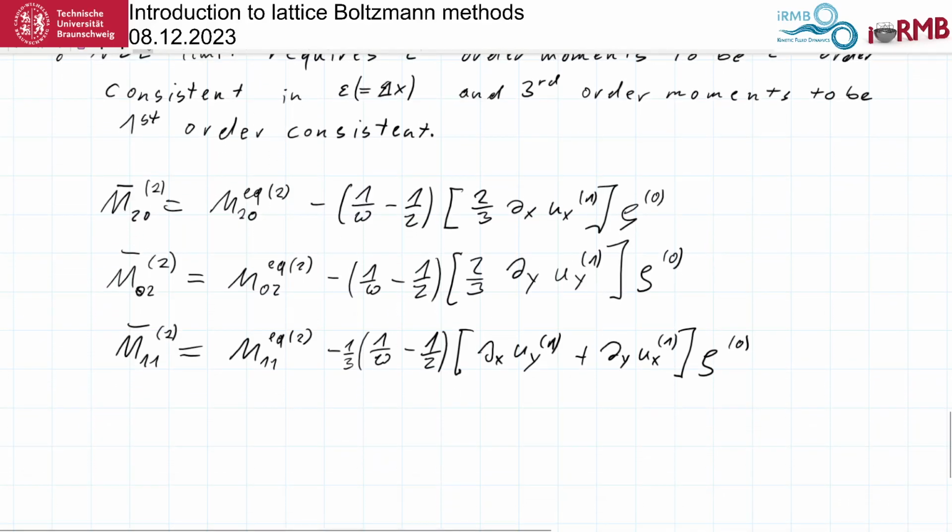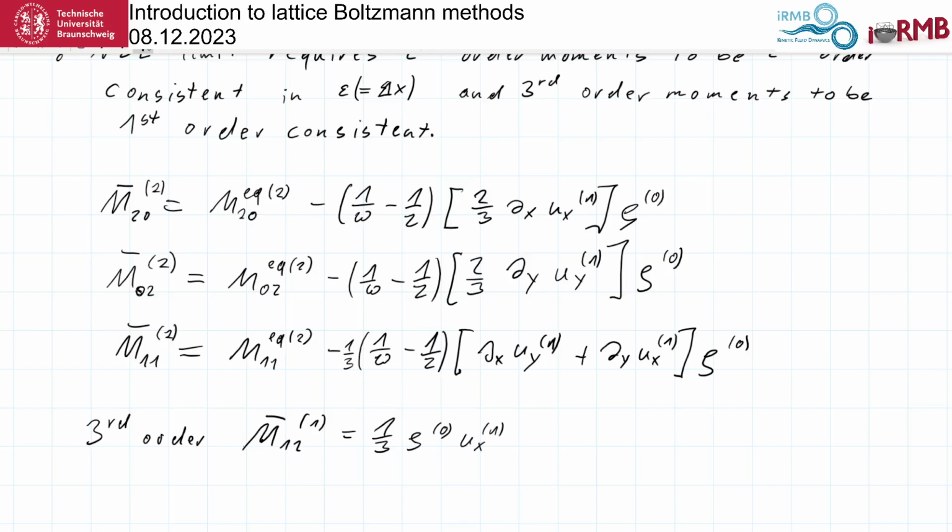The third order then is simpler. Here we have m21, which only, you see, this is confusing. It's the third order moment to first order, and this is only 1/3 rho 0 ux to the first order. Sorry, I'm really a little bit handicapped with this tool here.